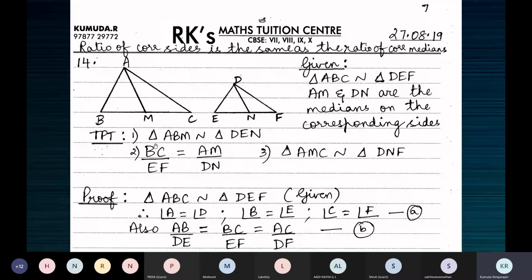So here we are proving that the ratio of the corresponding sides is the same as the ratio of the corresponding medians. And also we'll have to show that triangle AMC is similar to triangle DNF.